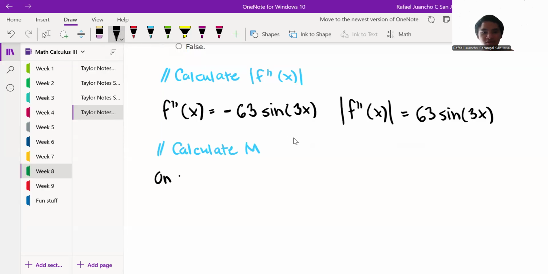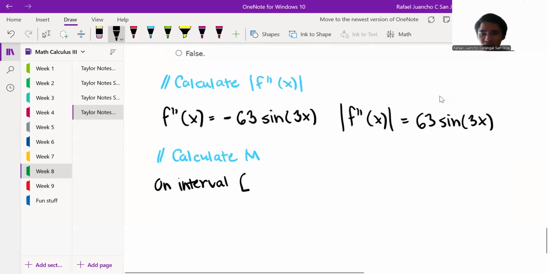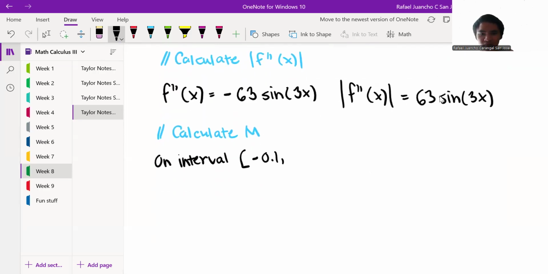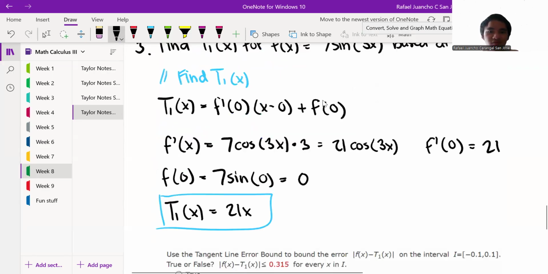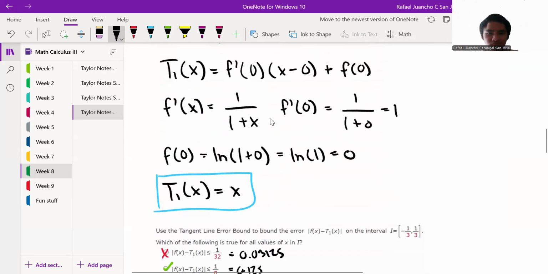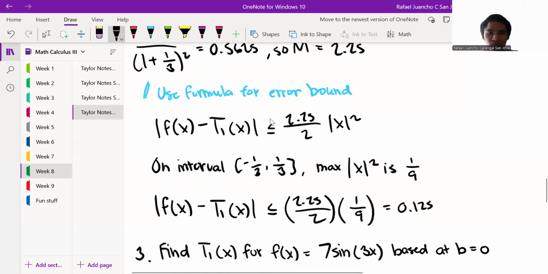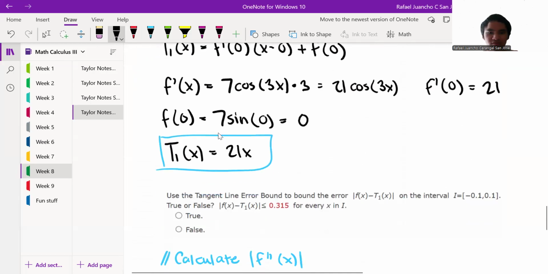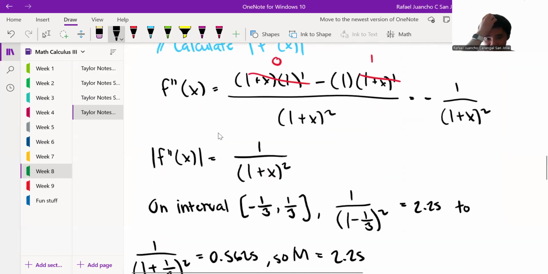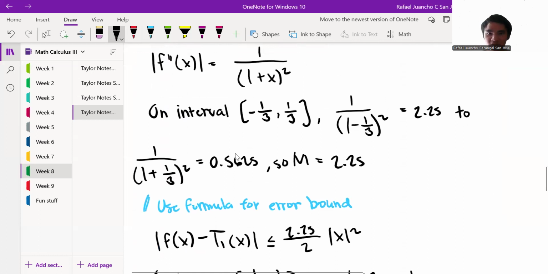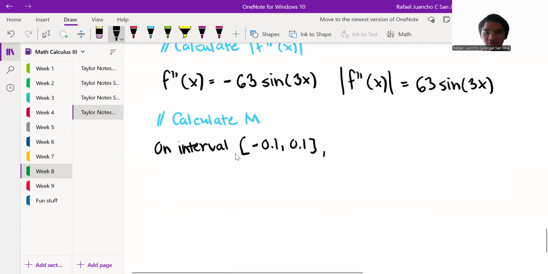So on this particular interval, but basically all we're doing is plugging in negative 0.1 all the way to 0.1. On that interval, we just want to plug in the function, right?